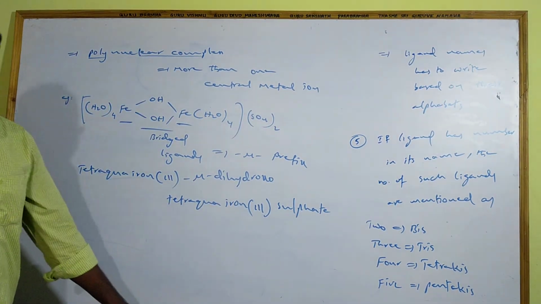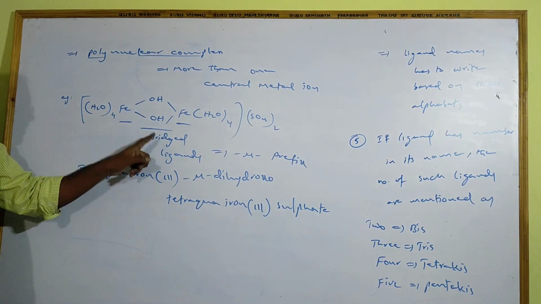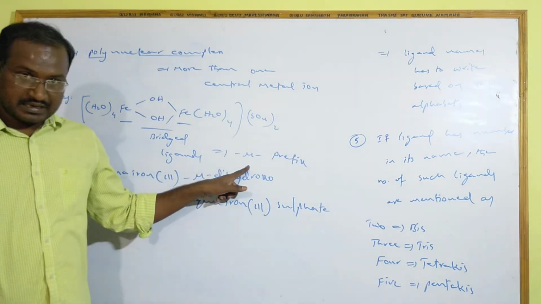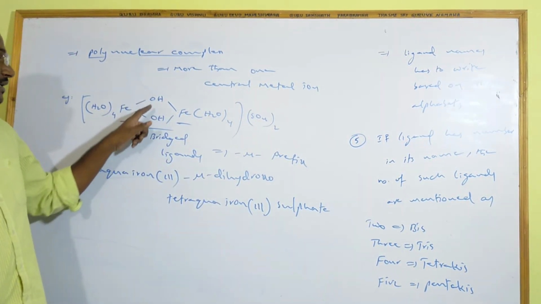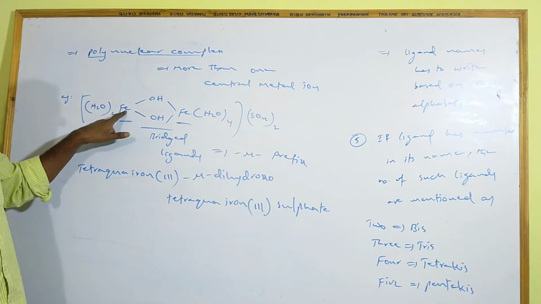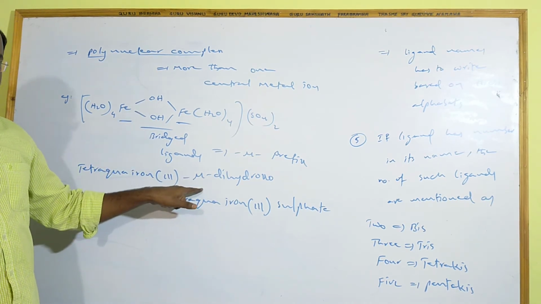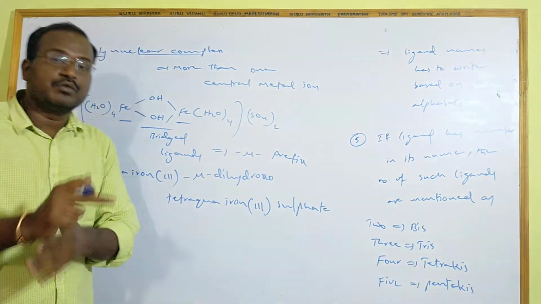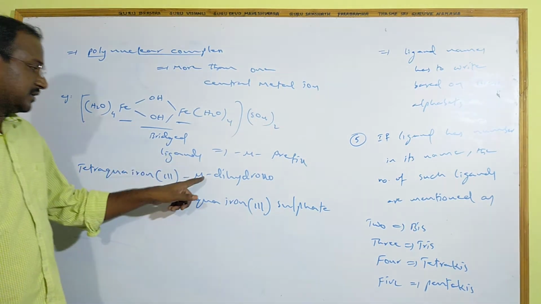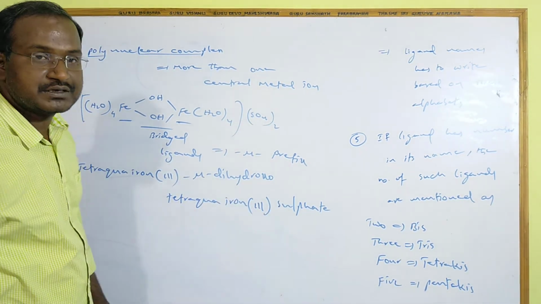This is the name for the polynuclear complex. The extra thing is that mu will be there for bridge ligands. Tetraaqua iron, its oxidation state is +3. After that, the bridge ligands; if the same ligands are there, write one mu. If different ligands are there, write separate mu. Mu dihydroxo tetraaqua iron sulfate.